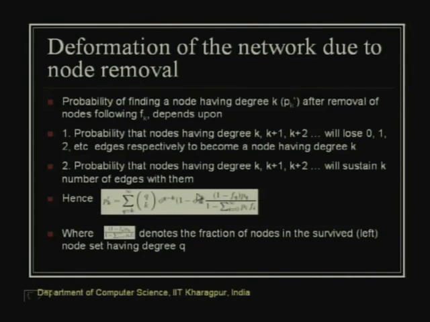Once you have this p dash k, you can get the new degree distribution, and basically you can do everything.